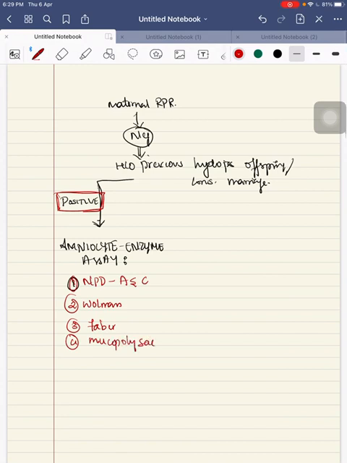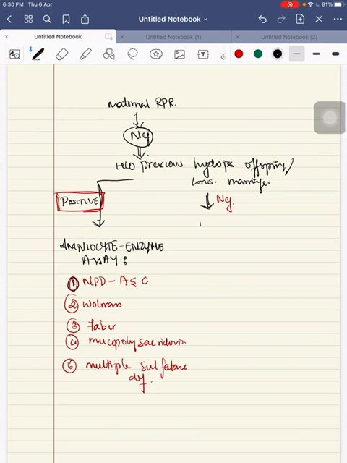Fourth, mucopolysaccharidosis. And fifth, multiple sulfatase deficiency. Okay, if the mother doesn't have any history of previous hydrops offspring or there is no consanguineous marriage, what are you going to do?